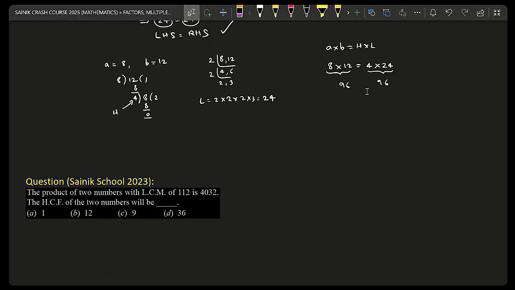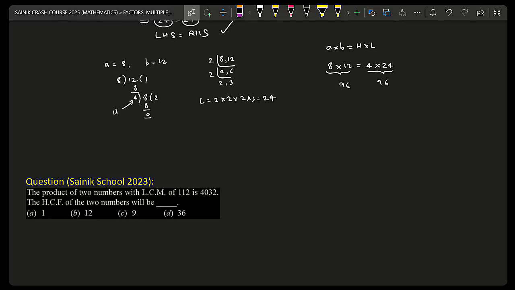If anyone wants to explain this question, you can raise a hand. Read the question properly. It's very simple. The product of two numbers is 4032 and the LCM is 112. What is given, what we have to find?